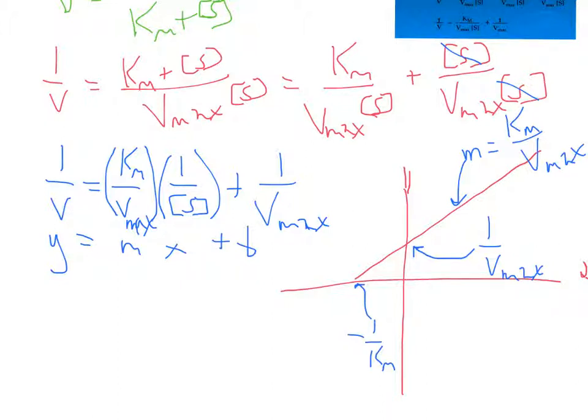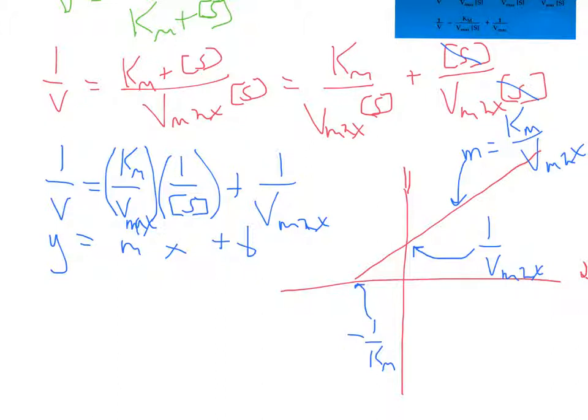So the catalytic efficiency is Vmax over Km? Vmax over Km, yes. It's also called the specificity constant. Okay. And so that's why this is a Lineweaver-Burke plot.